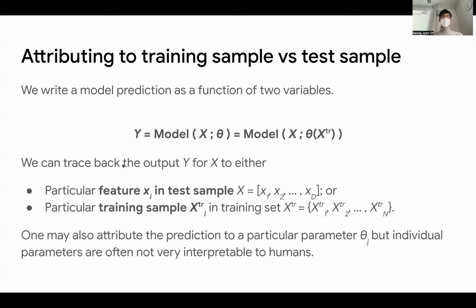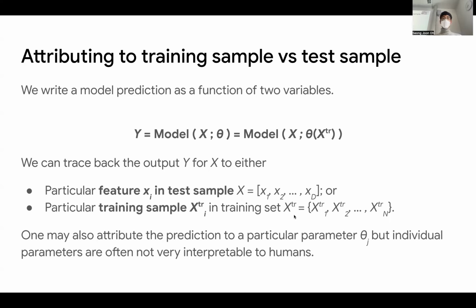So from this perspective, you can actually trace back the output for a particular sample X to one of the features in the test sample X, just X, right? Or you can also trace it back to a particular training sample in the training set.